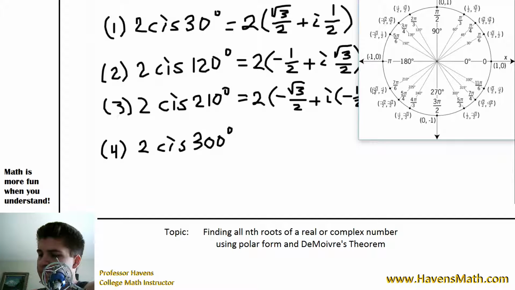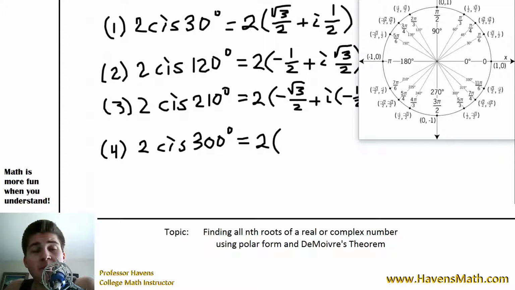And then our fourth root. Again, back to the original, sorry, not of 16, of our original number, which was negative 8 plus 8 rad 3i, but in polar form it was 16 CIS 120. So it's not of 16, it's of the original number. So don't forget what we're doing in this problem.